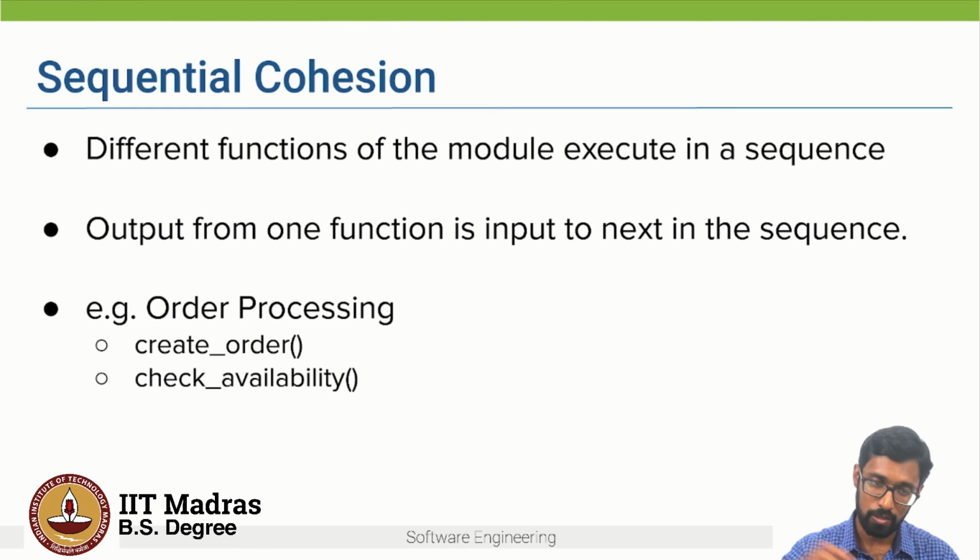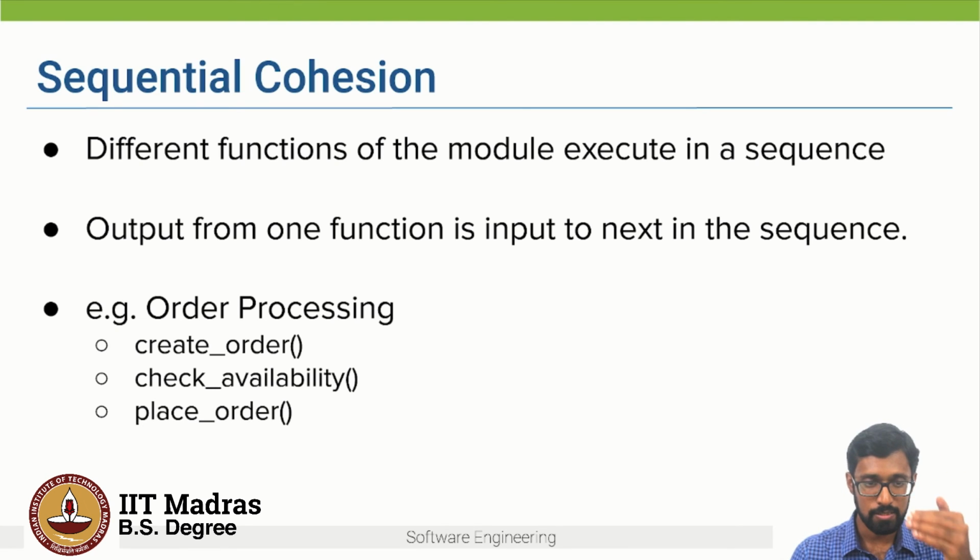And if the product is available, then you place the order. So here you see that these functionalities execute in a sequence. Check availability looks at the product and the inventory, and hence it really does not belong to the order processing module. However, it is placed here so that the different functions in the module execute one after the other.